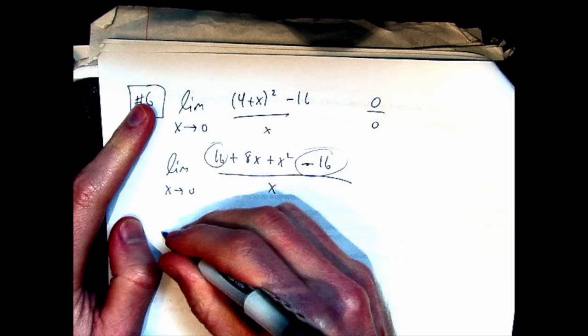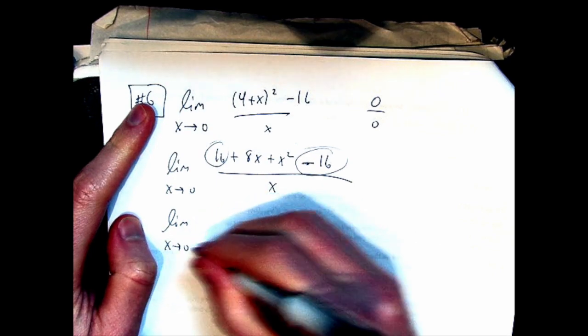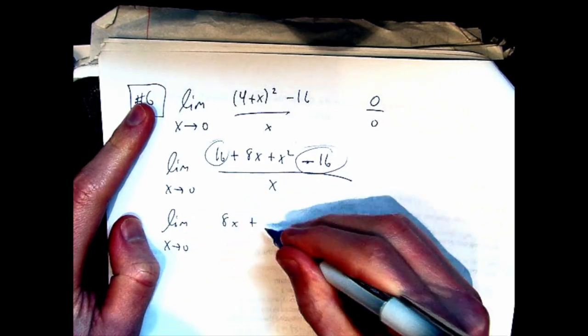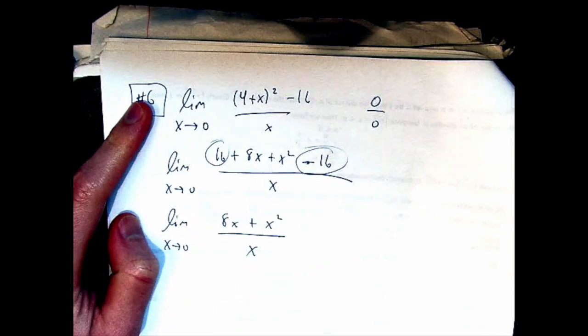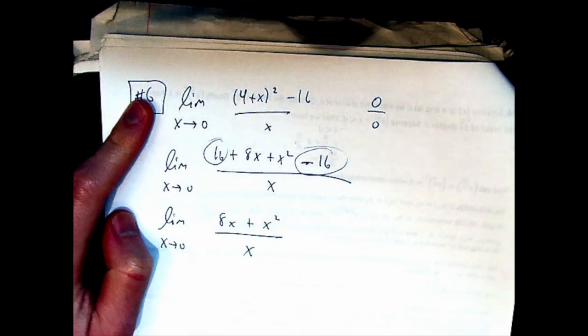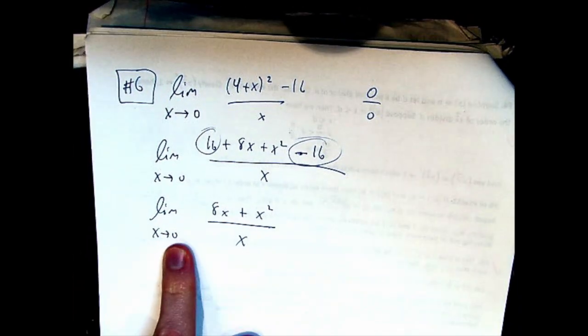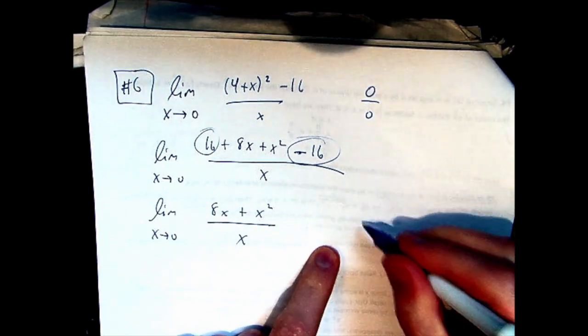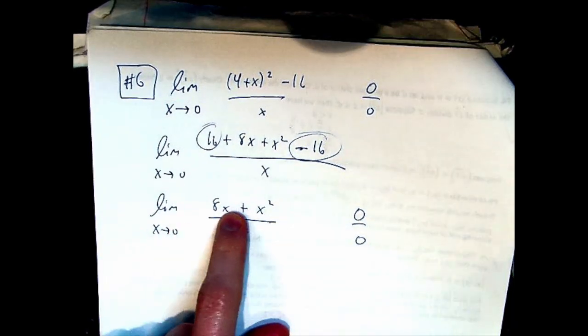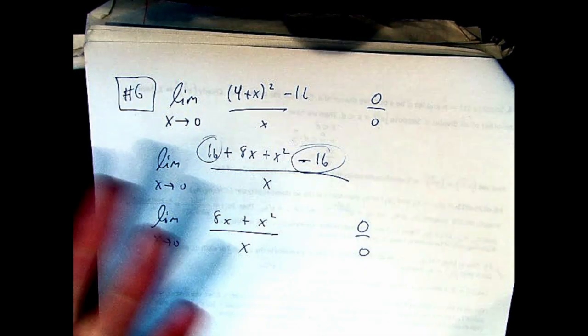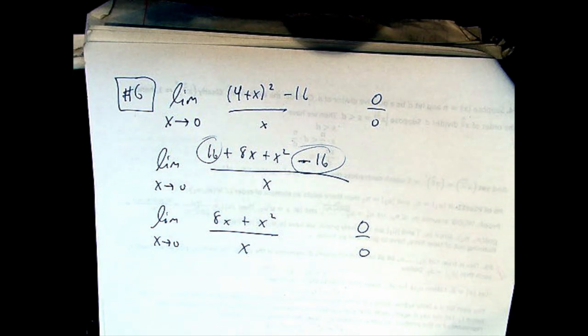That's going to give you the limit as x approaches 0 of 8x plus x squared over x. And now if you try plugging in 0, you still get 0 over 0, which means you have to do something more.